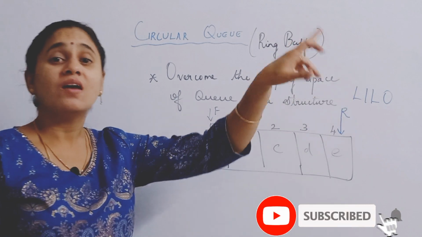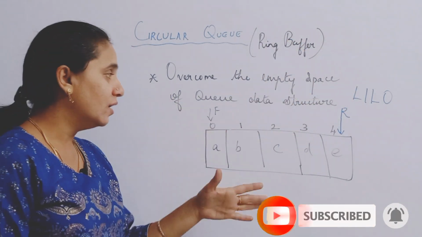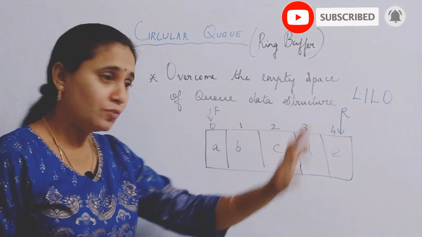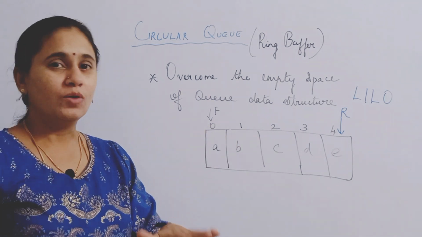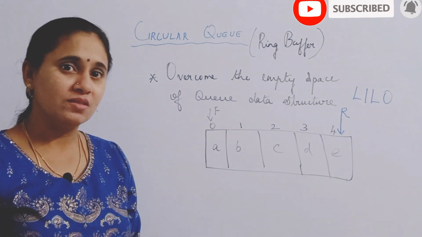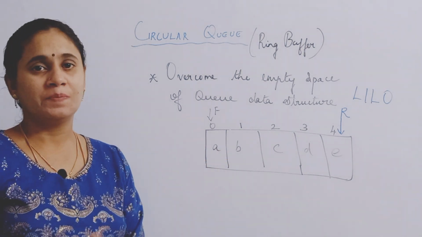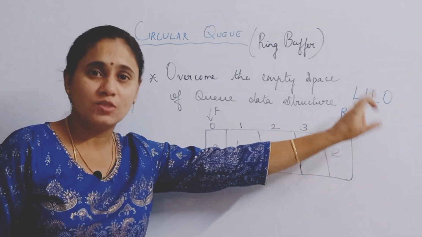If it is given as last in last out, it also means that we are using the queue data structure. What is last in last out? The element that enters at the last will be deleted at the last. So both have the same meaning. Indirectly, what is the meaning? The first element only will be deleted, isn't it? So please make a note of it.